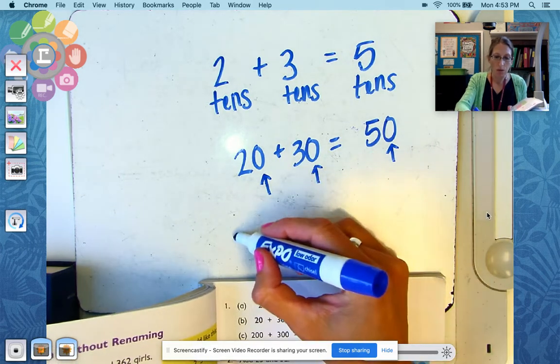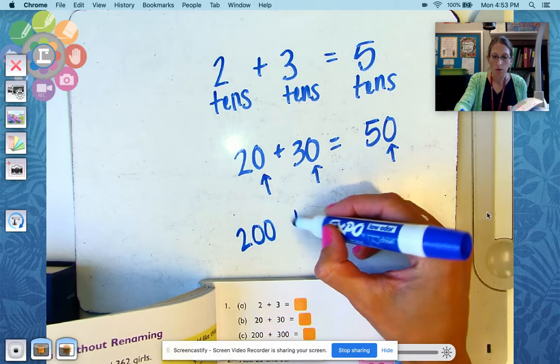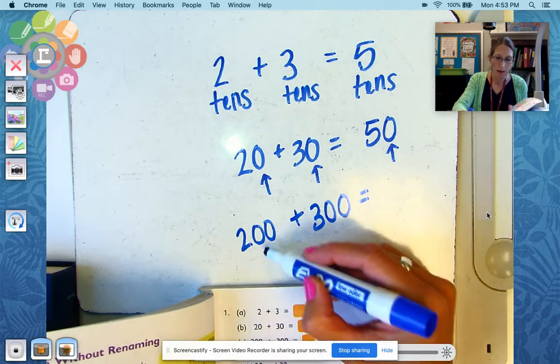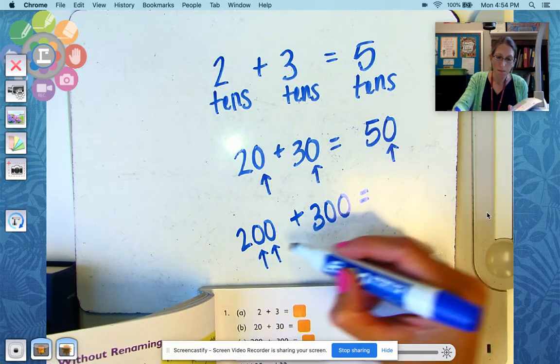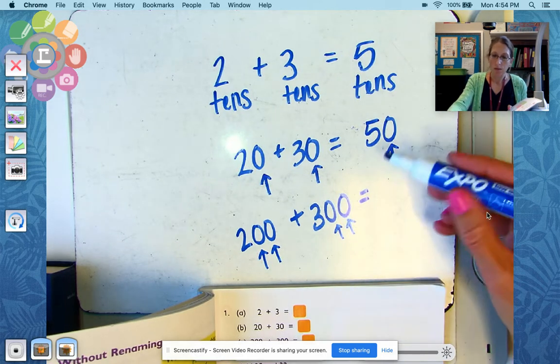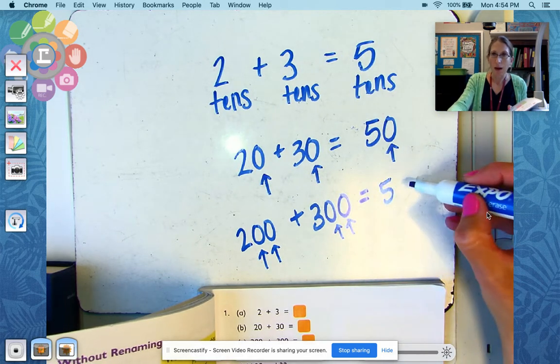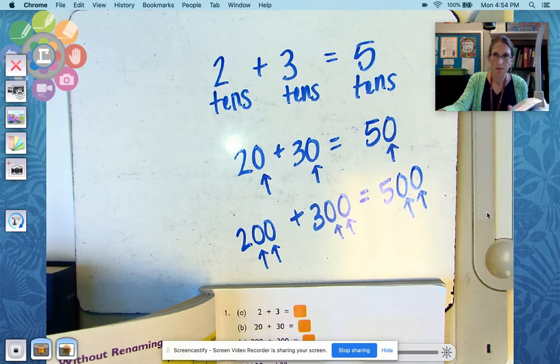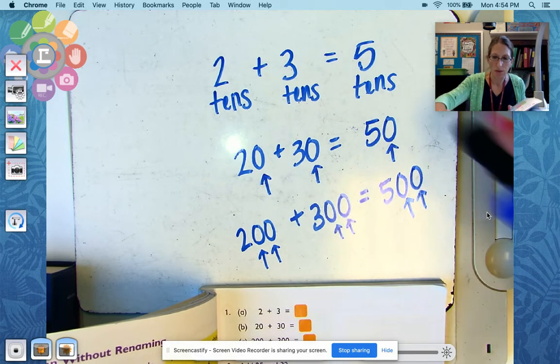Well, what about the hundreds? 200 plus 300. How many zeros are we adding? 2, right? So our answer would be a 5 with 2 zeros. Okay? So it's sort of a little pattern here.